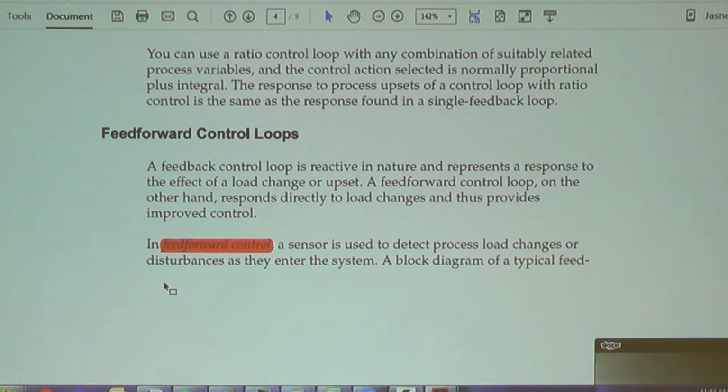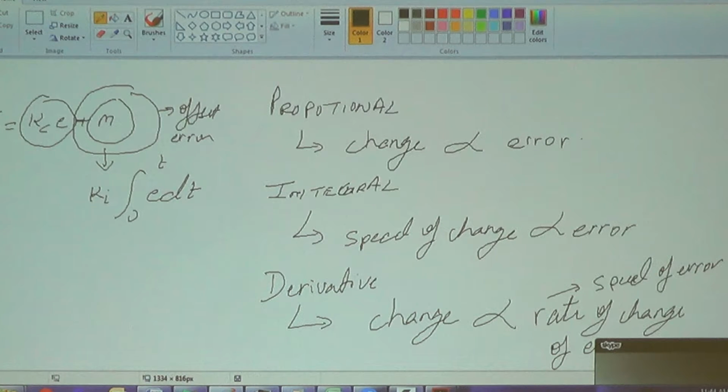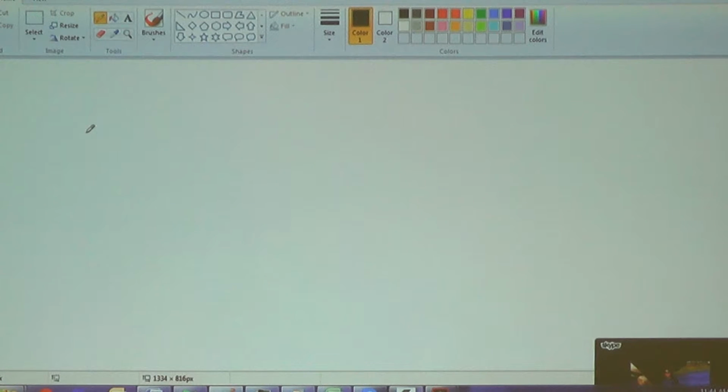Another loop is the feed forward control loop. Again, you would always have one question on this. Up till now, we've been talking of feedback control. In feedback control, we have a system, we have PV, and then we have SP.